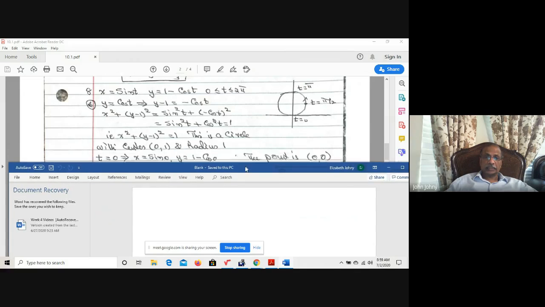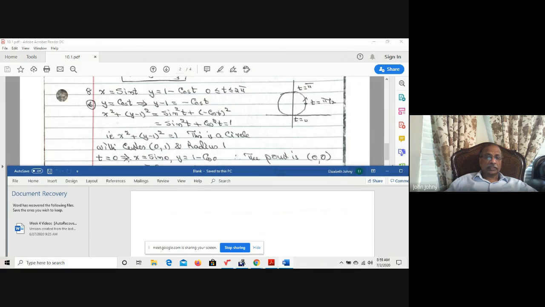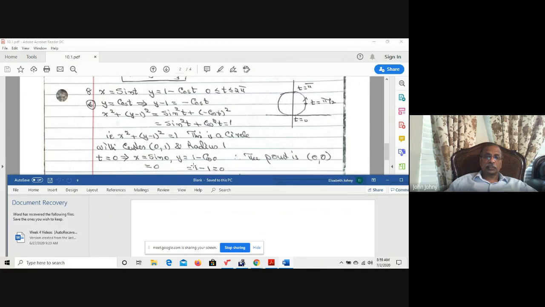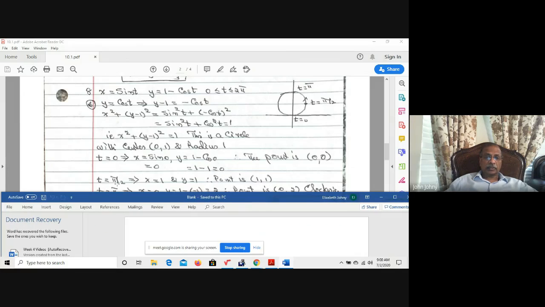Now let us see the direction. When t is equal to 0, x is sine 0, which is 0. Y is 1 minus cos 0, that is 1 minus 1, which is 0. So the point is 0, 0. And when t is pi over 2, x is sine pi over 2, that's 1. Y is 1 minus cos pi over 2, that is 1 minus 0, that is again 1.